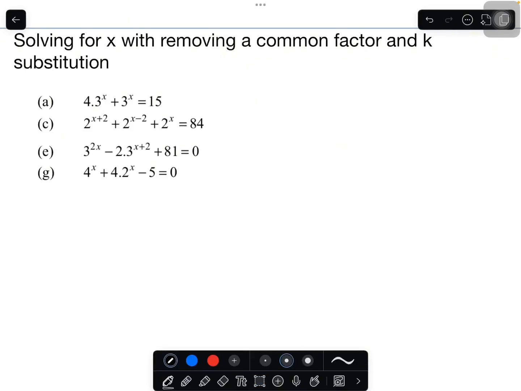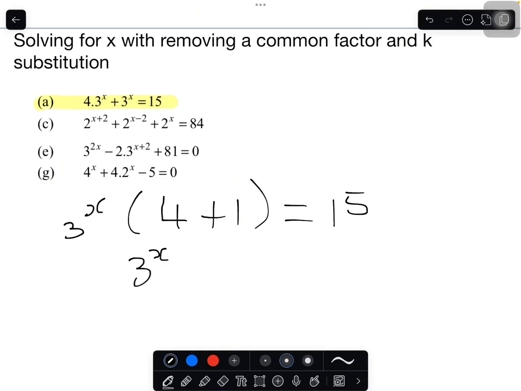So when we're looking at this, we can take out 3 to the x as a common factor. We're working with the sum right here. We can take out 3 to the x as a common factor, and we're left with 4 plus 1 equals 15. 3 to the x into 5 equals 15. 3 to the x equals 3.